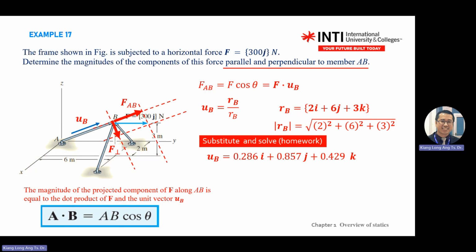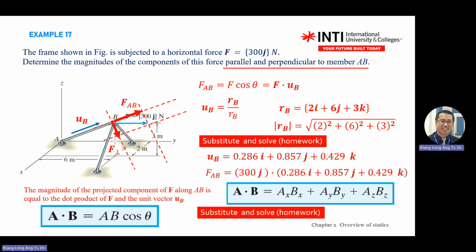So basically A dot B equals AB cos theta, or if you take the vector multiplication, you get this equation. If you can't get theta, convert into scalar products, right? A dot B equals AxBx plus AyBy plus AzBz, in the x direction, y direction, z direction.